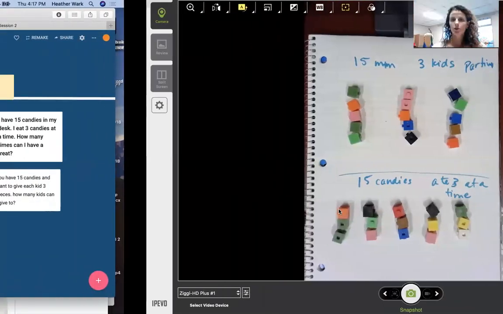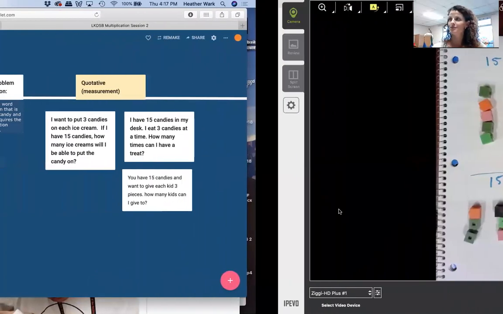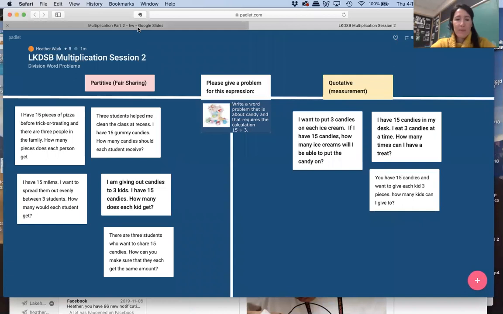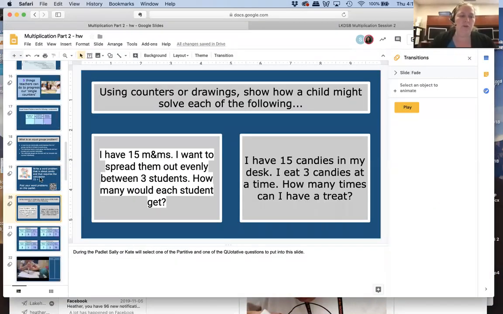Having seen it on the blocks like that, you can understand how kids get confused, because there is a difference there. One of the things that's interesting is that if you ask it as a bare problem, meaning there's no word problem attached, kids will sometimes think about it in both of those ways.